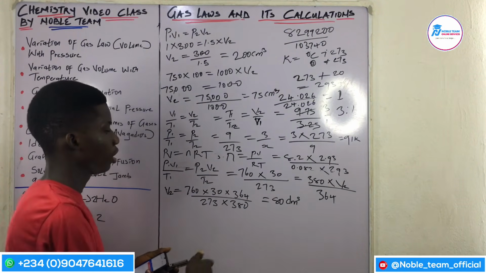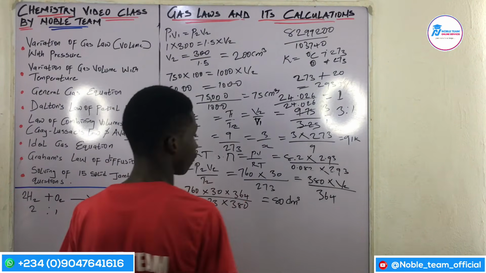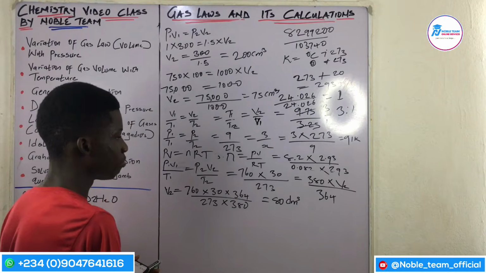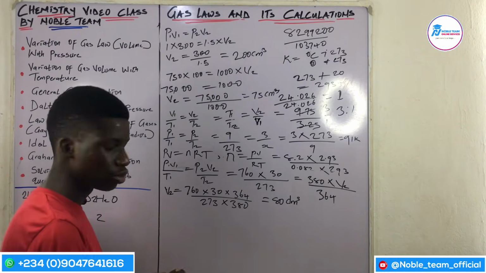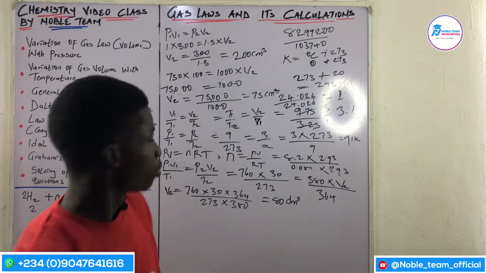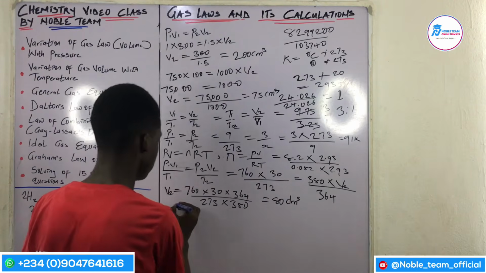Now let's solve. We have the densities. Remember that in this particular Graham's law, we have the formula to be this. Actually, let me use my blue marker because this part is already filled up. So I have the formula to be this.